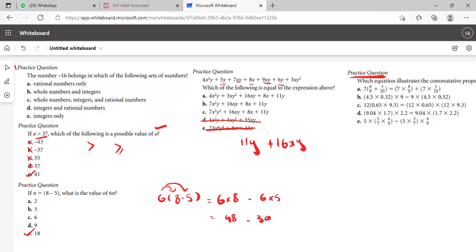We have 8x in all these options. 4x squared would come as it is, and 3xy squared would come as it is. So this is the answer. This crossing was very important because we are going to save lots of time in this case. Okay, is it clear? Yes, ma'am. Very good.